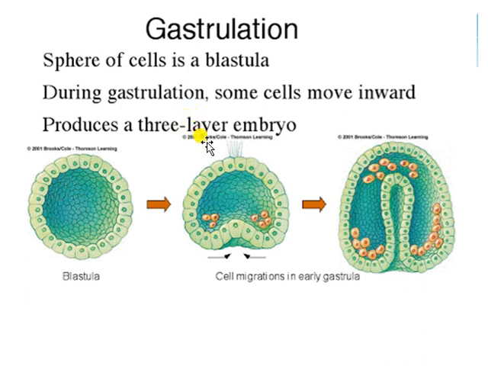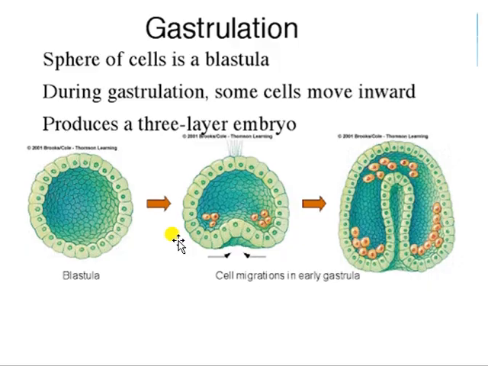In gastrulation, the 3 germ layers are produced: one is ectoderm, second is mesoderm, and the inner one is endoderm. These 3 germ layers are produced only by gastrulation, and this process entirely happens within the uterine lining when the blastula has got fully implanted. Okay, so 3 germ layers have been produced there.